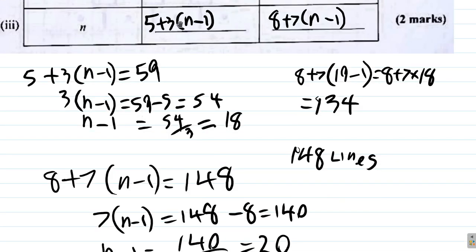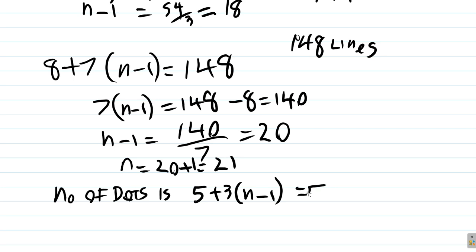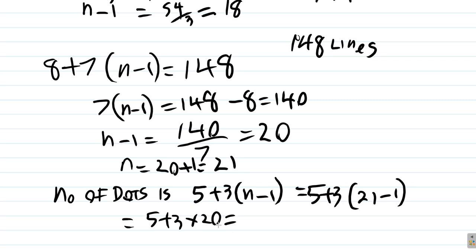Number of dots is 5 plus 3 times n minus 1, which in this case is 5 plus 3 times 21 minus 1, equals 5 plus 3 times 20. 20 times 3 is 60, so it's 5 plus 60, equals 65. Alright?